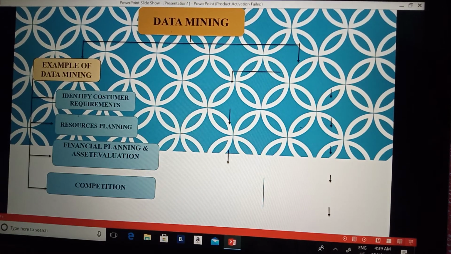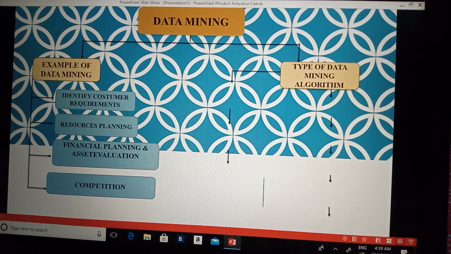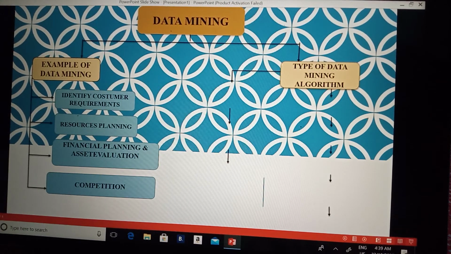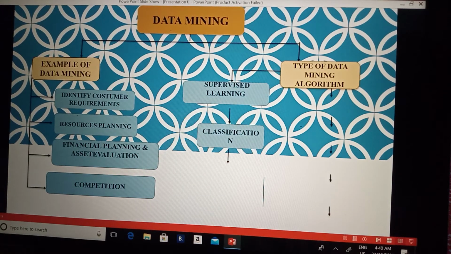And besides the examples of data mining, there are also types of data mining algorithms. The first one is supervised learning. It may be defined as the answer key of the algorithm that is used to evaluate the accuracy on training data. Supervised learning has types, which are classification and regression.